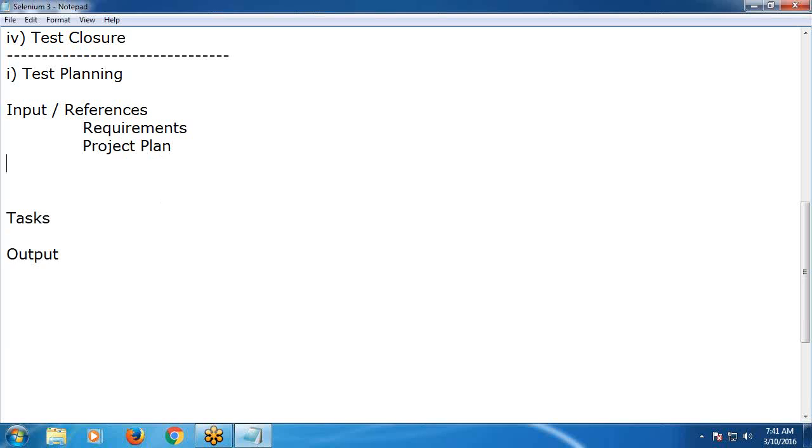Next, test strategy. What is test strategy? Have any idea? Mukul, Sanjida Mukul. Test strategy is a company level document.